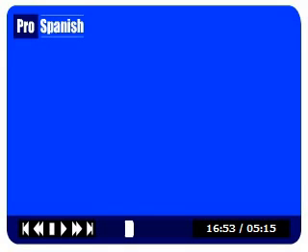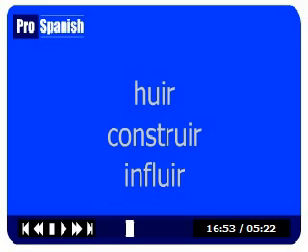It wouldn't sound good to the Spanish ear. And other verbs in this group are huir, H-U-I-R, which is to run away or to flee. And construir, to build. And influir, to influence.